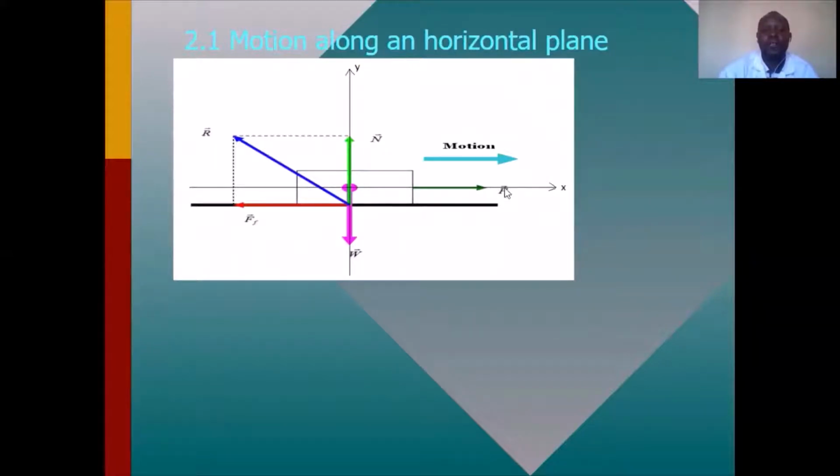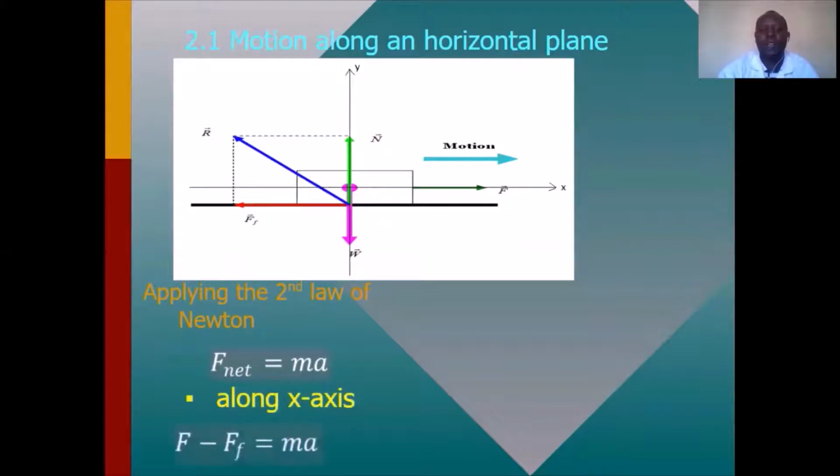Along the x-axis, we have the motional force, which is positive because it is in the direction of the motion. And we have the friction force, which is negative because it opposes the motion. So the sum of these two forces must be equal to the mass times acceleration. Okay, the net force is equal to mass times acceleration.